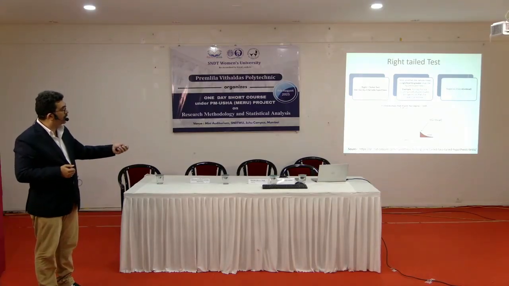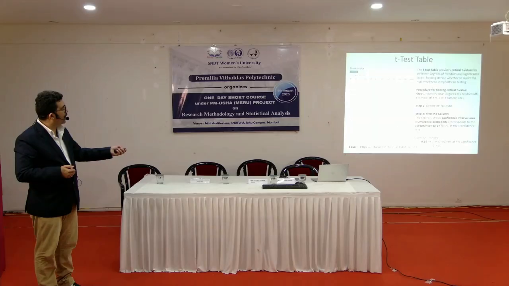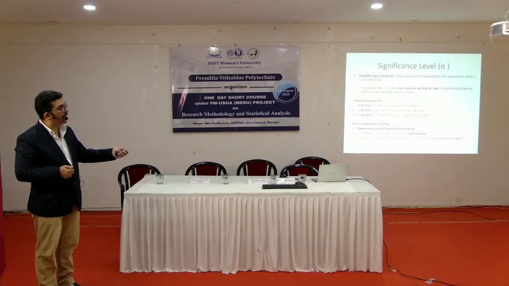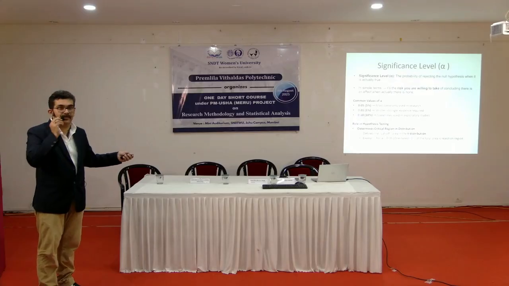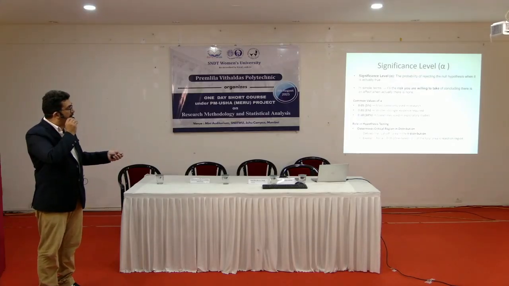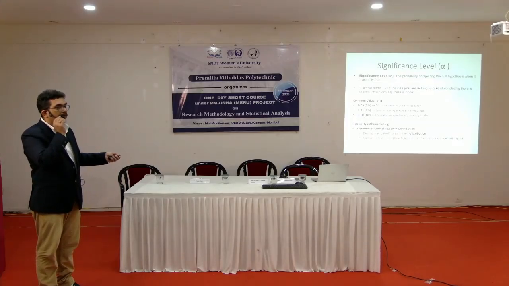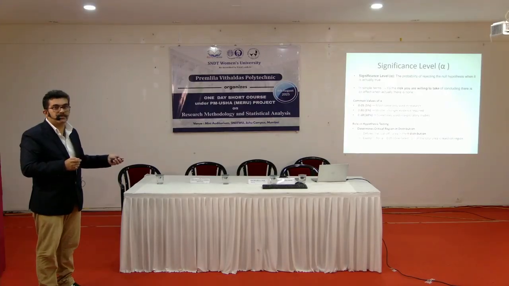Now how to find this T critical value? For that you need a T table value. In the T table, the significance level plays a very important role. What is significance level? I am taking 5%, most commonly used in research.